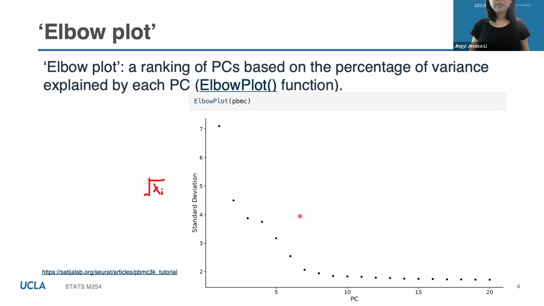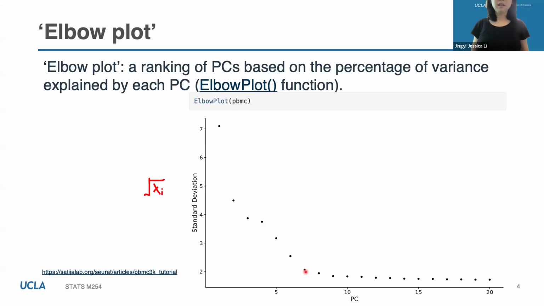As expected, because our PCs are defined by ordering the lambdas, it's not surprising at all that there will be a decrease. But what an elbow plot means is that you look for an elbow. Where would you say is the reasonable elbow? Any ideas? Someone said 7, which is right here.